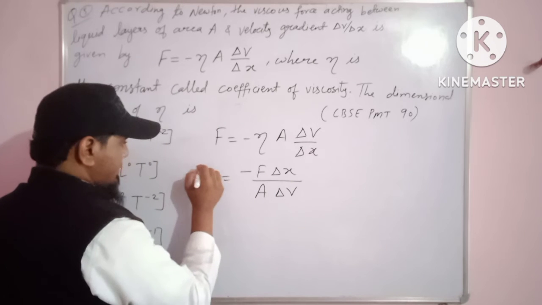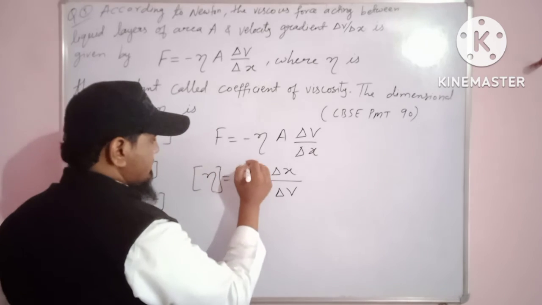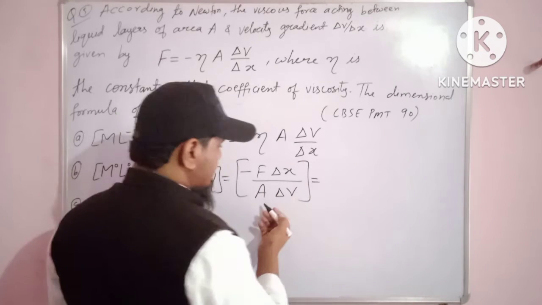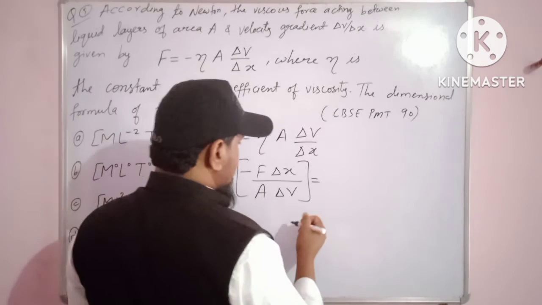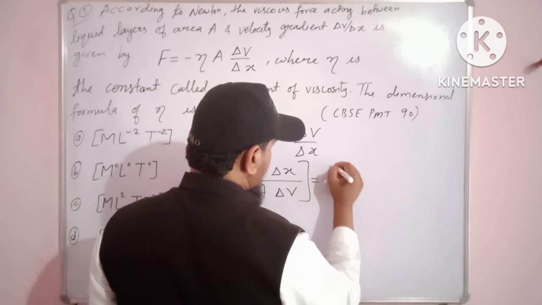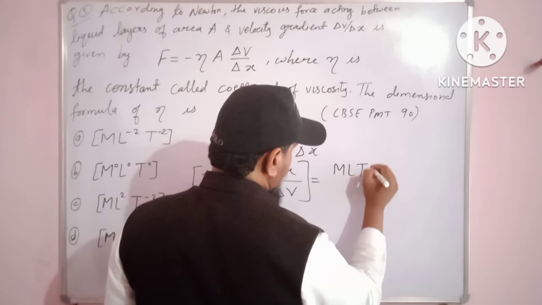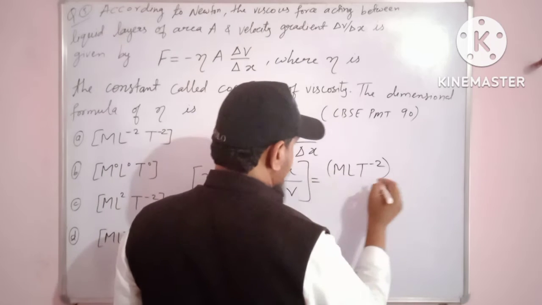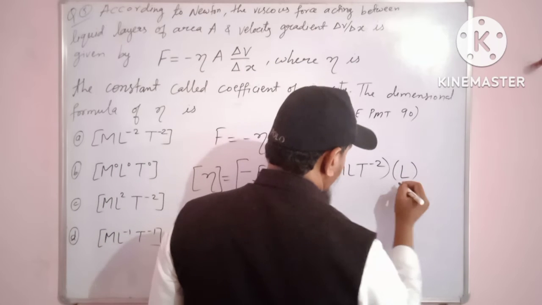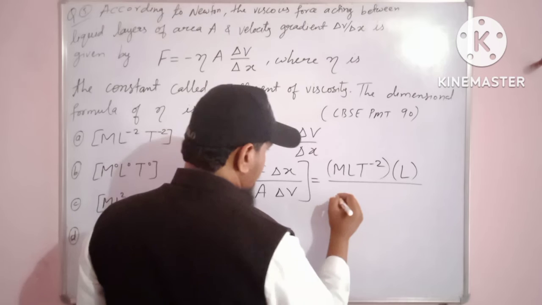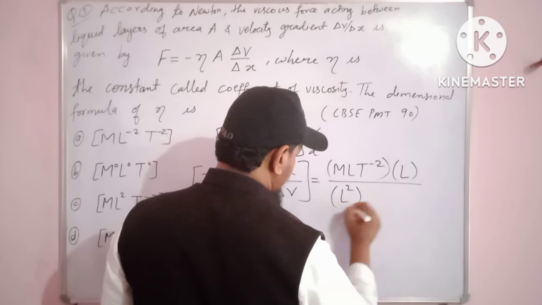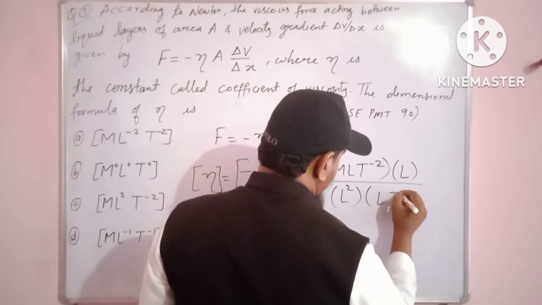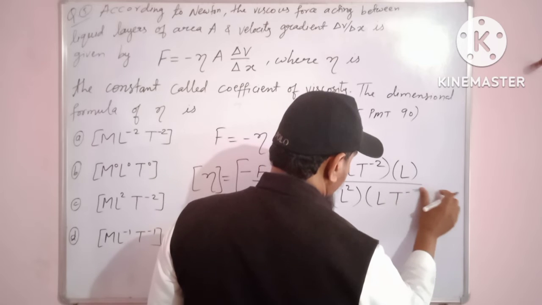So dimensional formula of eta will be equal to dimensional formula of force into dimensional formula of delta x upon dimensional formula of area and dimensional formula of delta V. Dimensional formula of force is MLT^-2 and dimensional formula of delta x is nothing but distance, which is L, and dimensional formula of A is L square and dimensional formula of delta V, that is change in velocity, is LT^-1, meter per second.